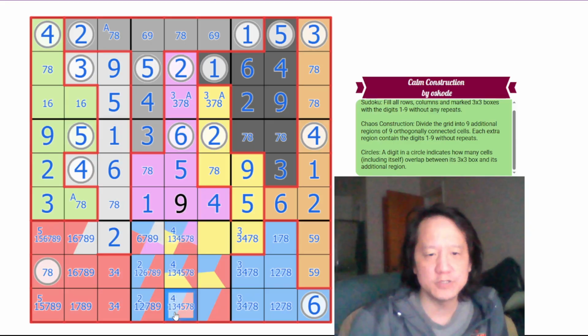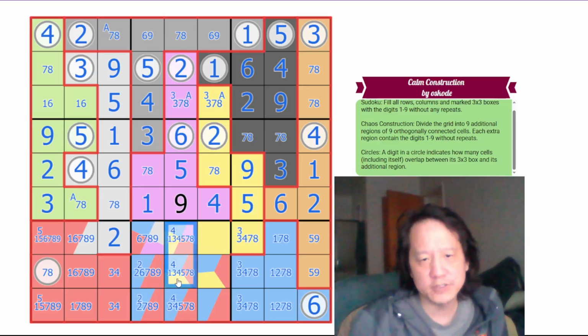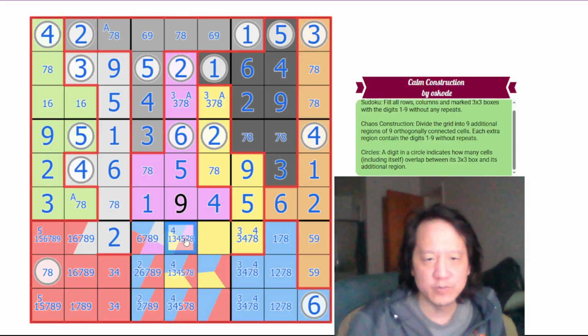So we're guaranteed a 1 here, which eliminates 1 in the rest of the box. We're guaranteed one of the 1s here. So we have 3 here, and we have 4 here. 4 is one of these 3. 1 has to be one of these 2.